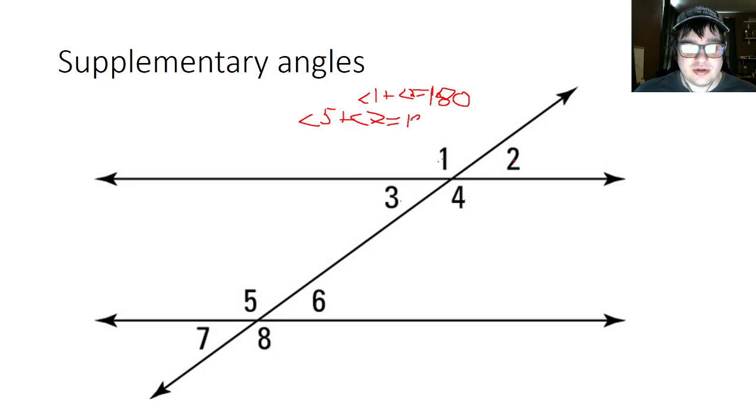That will equal 180. Those are the types of angles that equal 180. There are 8 different pairs of supplementary angles in the situation of parallel lines cut by a transversal.